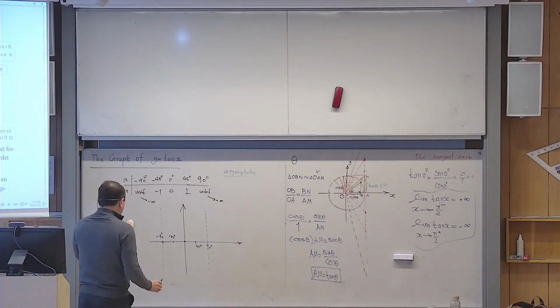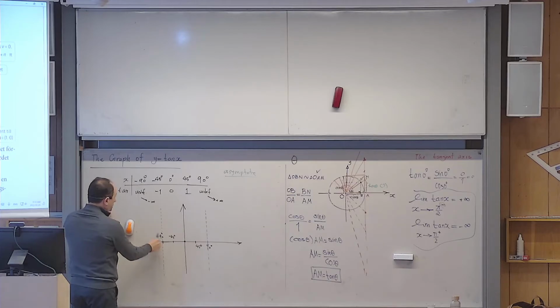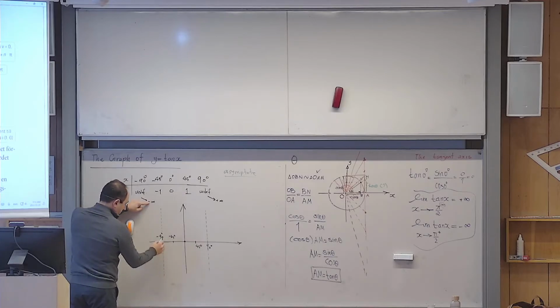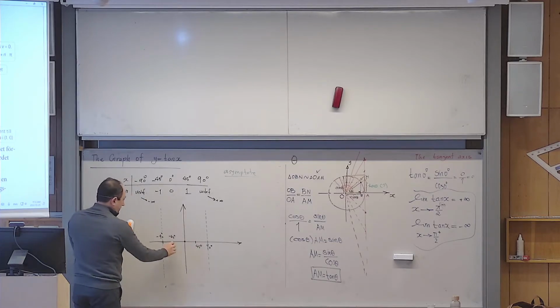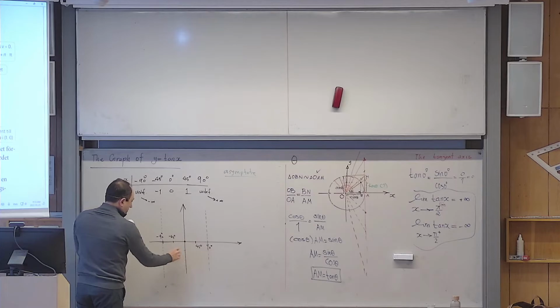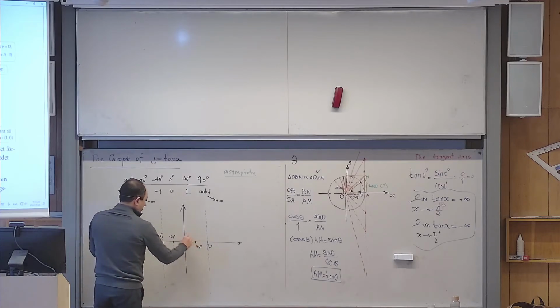Then we know that when I am on the right hand side of minus 90 degrees, I am in hell, minus infinity. So I am very, very down. When it comes to minus 45, it is minus 1. When it comes to 0, it is 0. When it comes to 45, it is exactly 1.